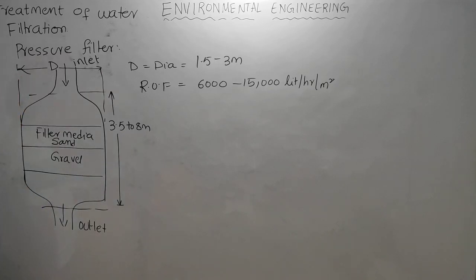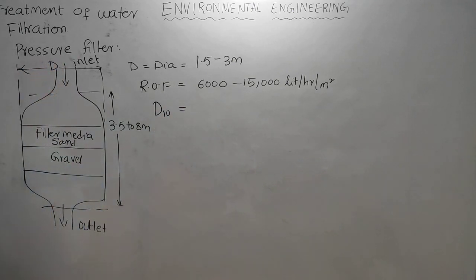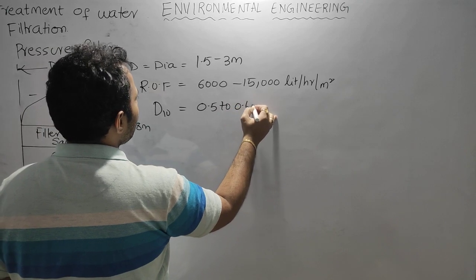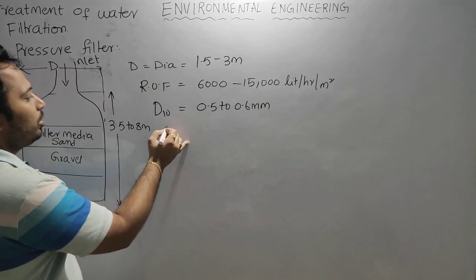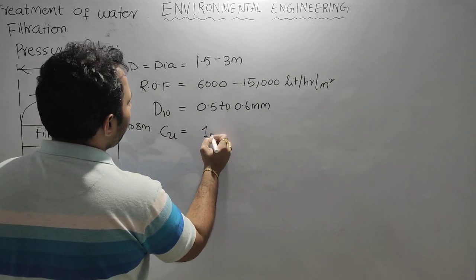And the D10 size of the filter media, D10 is equal to 0.5 to 0.6 mm. And the coefficient of uniformity, here also it is nearly uniform, that means approximately 1.2.